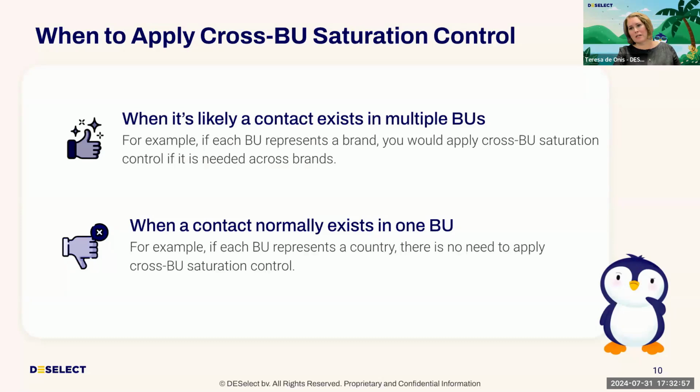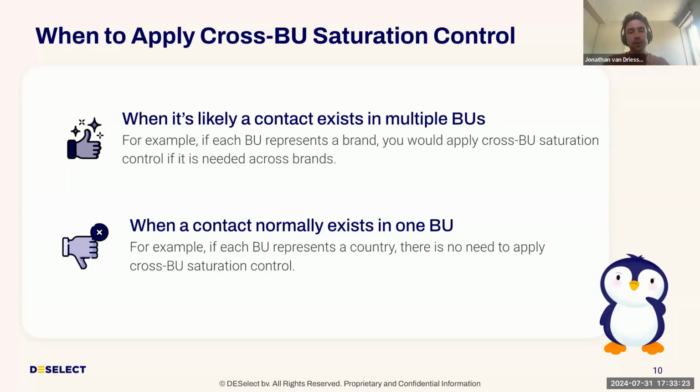And Jonathan, tell us a little bit about how our guests would apply cross-BU saturation control in real life. Yeah, so if you set up business units in Marketing Cloud, you can do that in different ways. Typically, two big use cases are: one, each business unit is a brand, or the other one, each business unit is a country.